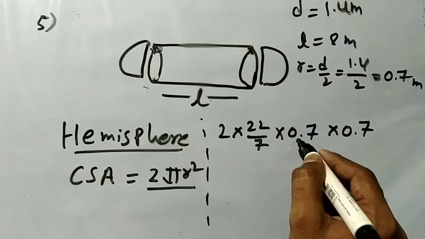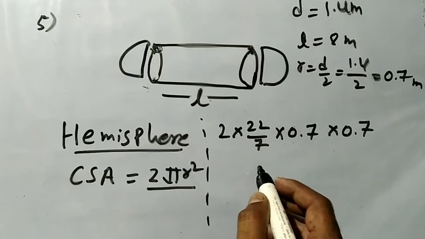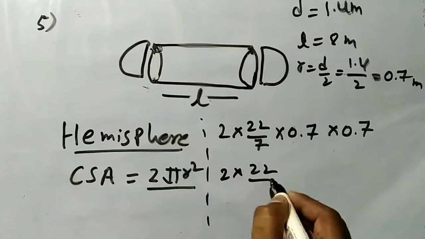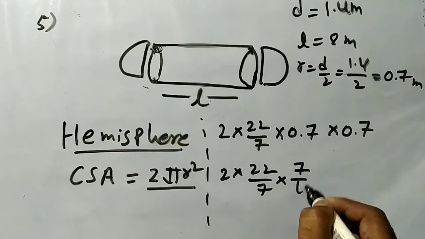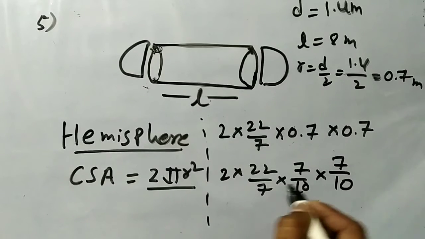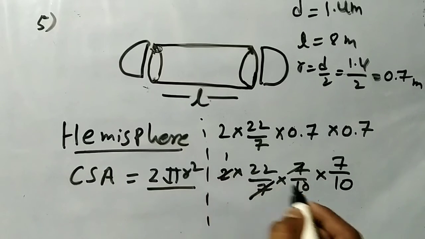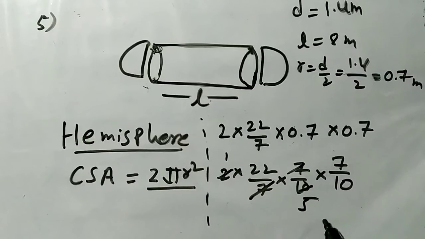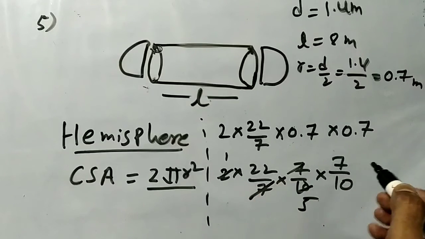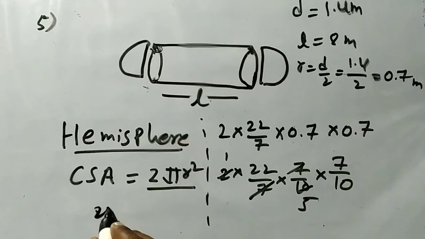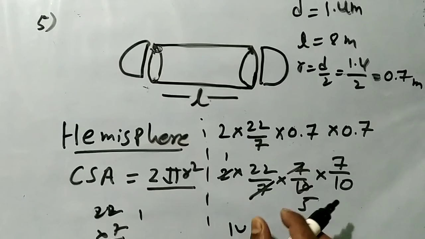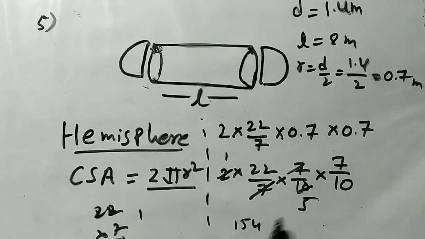So here we can write 0.7 as 7 by 10. 22 by 7 into 7 by 10 into 7 by 10. 7 gets cancelled. 22 sevens are 154, so here 154 by 50, we got.